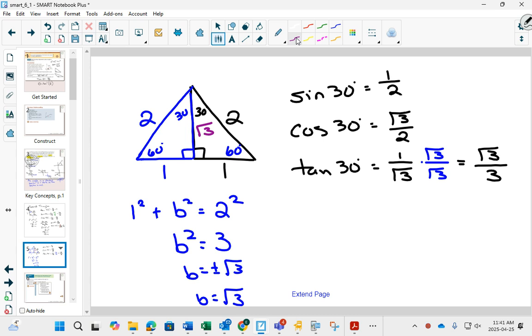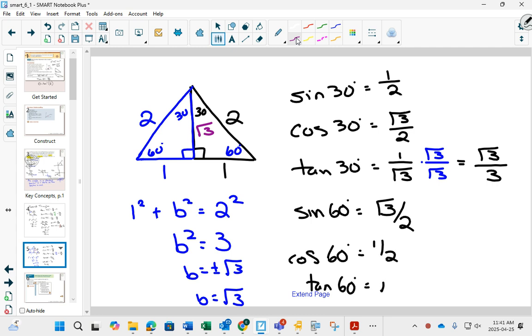And then we can do exactly the same thing with 60 degrees. I'll do them quick here. Sine of 60 is root 3 over 2, cos of 60 degrees is 1 over 2, and tan of 60 degrees is just root 3. You can write over 1 if you want.